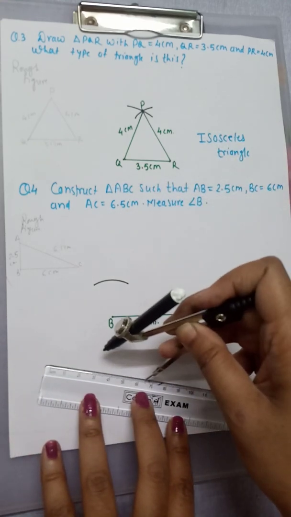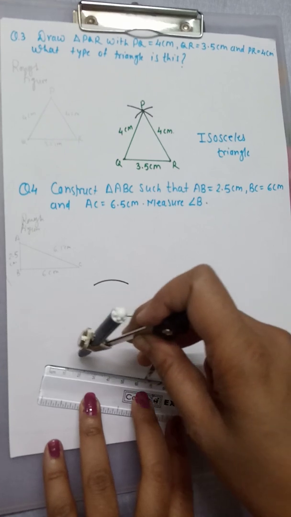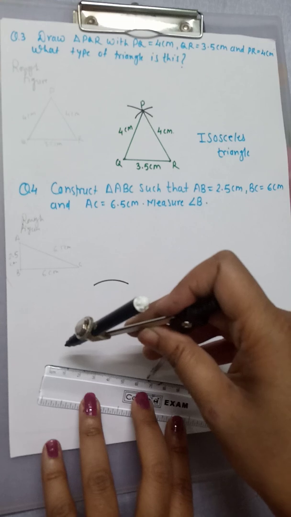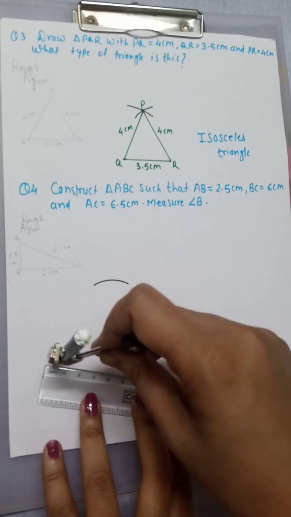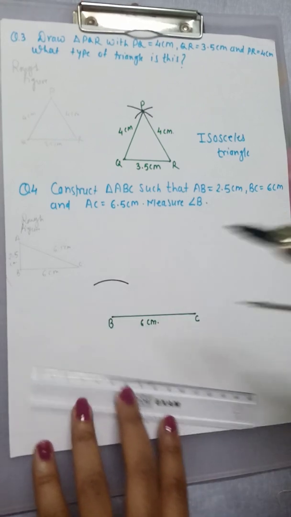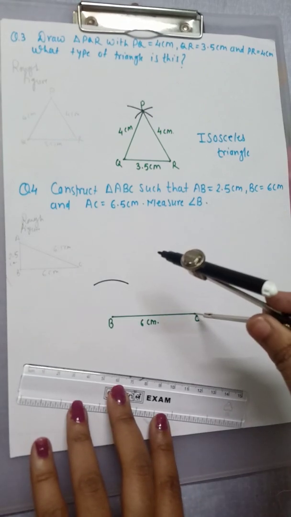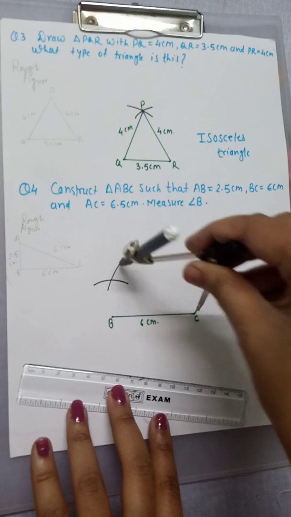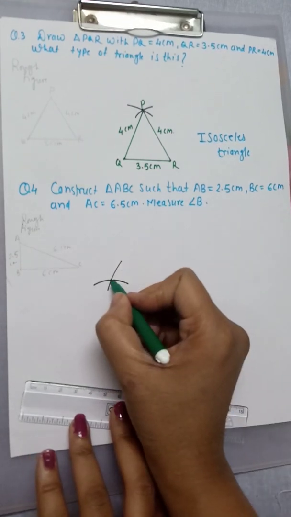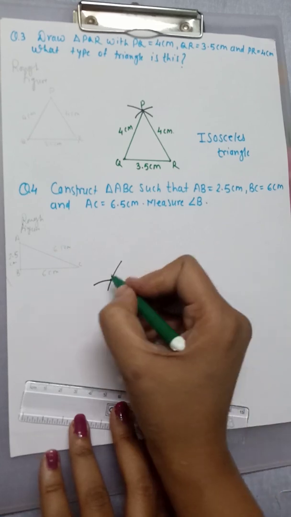So stretch a compass like this way, 6.5 we have to take the radius. So C as a center, intersect the previous arc. Now we will get one intersecting point, so we can give the name A.